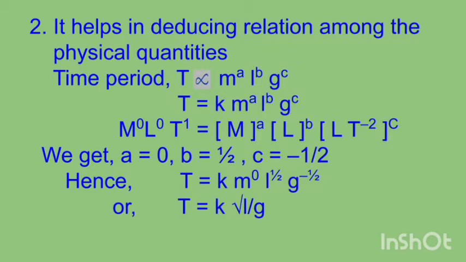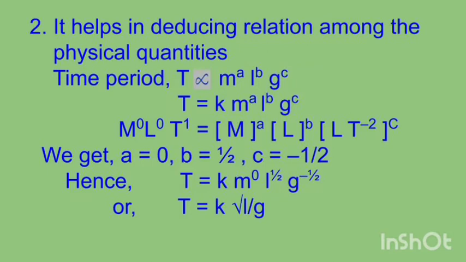Now we consider the dimensions of all these physical quantities both on the left and right side of the equation. The dimension of time, which is simply T, can be written as M to the power 0, L to the power 0, T to the power 1.